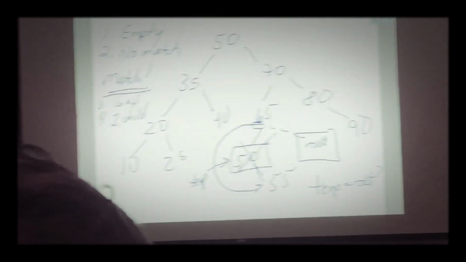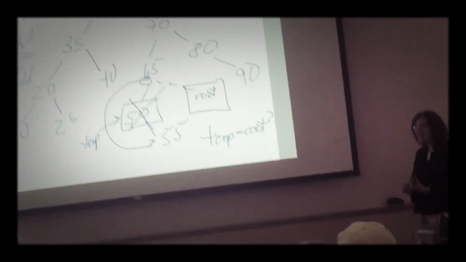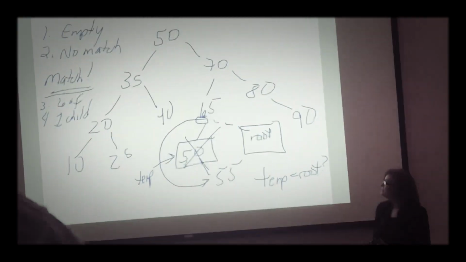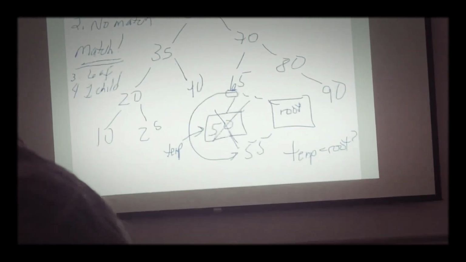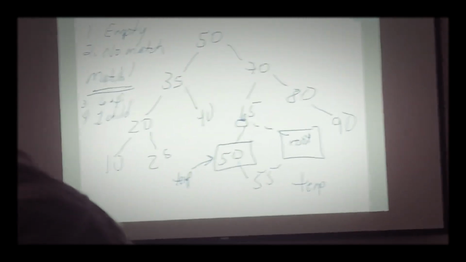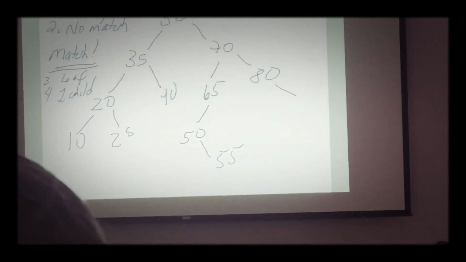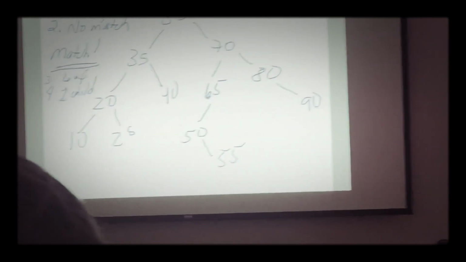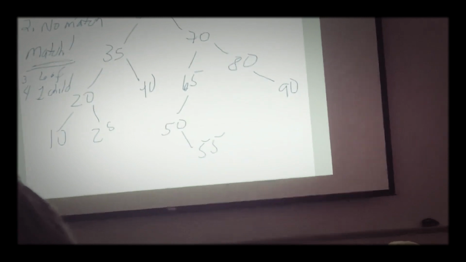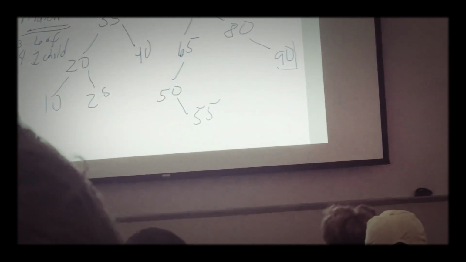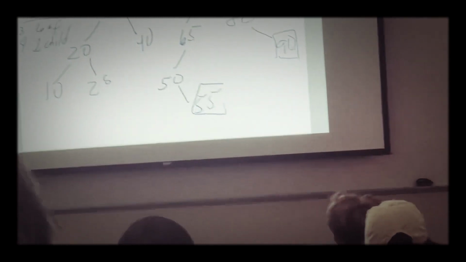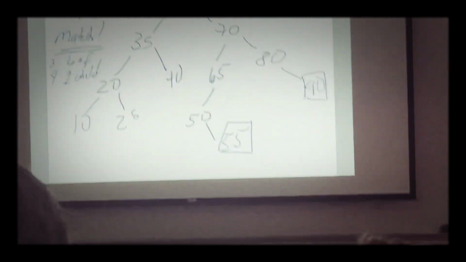So there is a special case here. I need to know if my child is to the left or the right. So in these two cases, the child is to the right. So 90 was to the right, 55 was to the right.